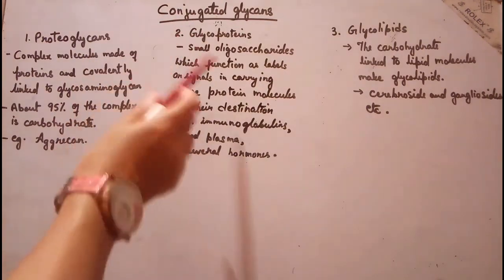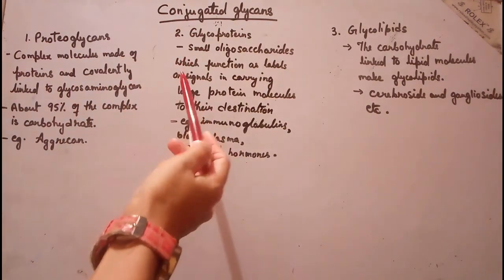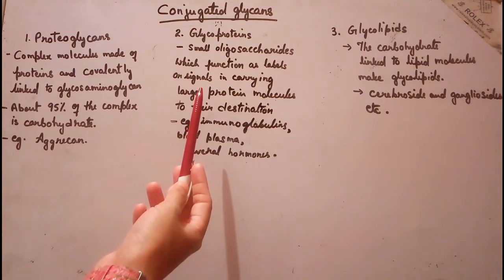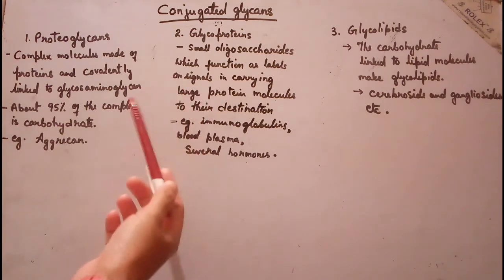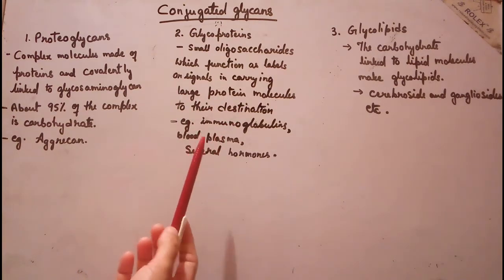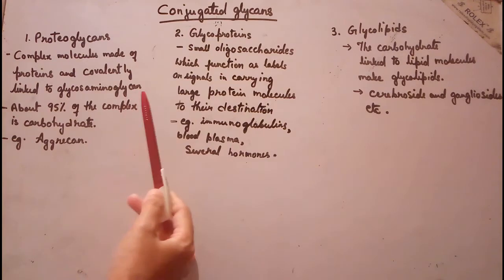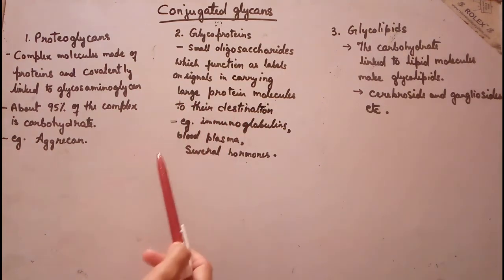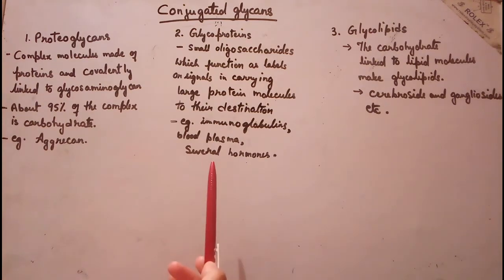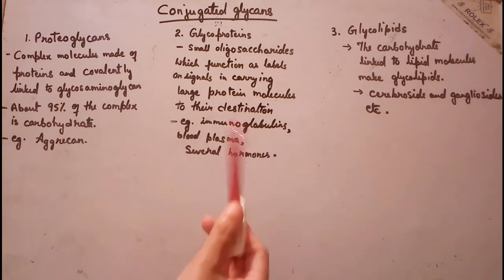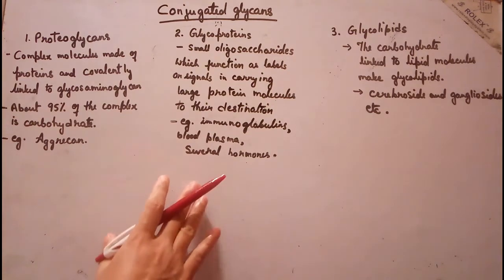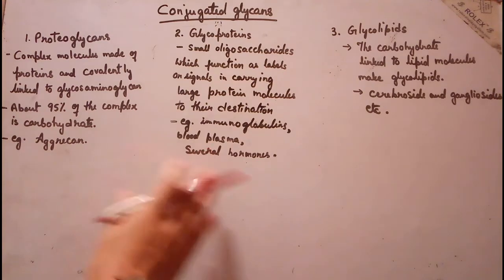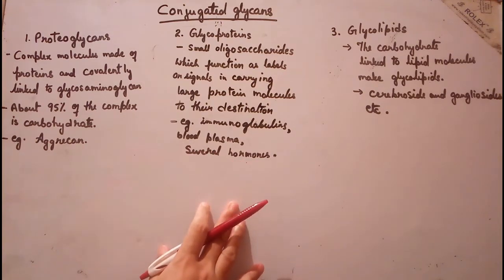These conjugated glycans are those molecules which are found in association with molecules other than carbohydrates. Okay, so there are a large number of carbohydrates, heteroglycans or oligosaccharides, which are found in association with molecules other than carbohydrates, and these molecules can be either lipids or proteins.